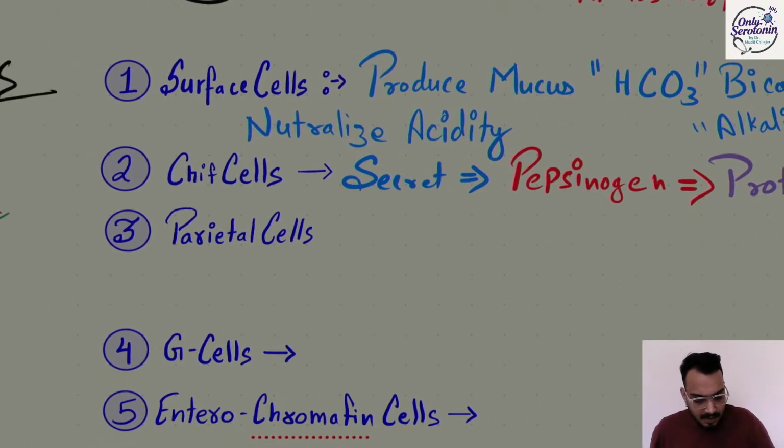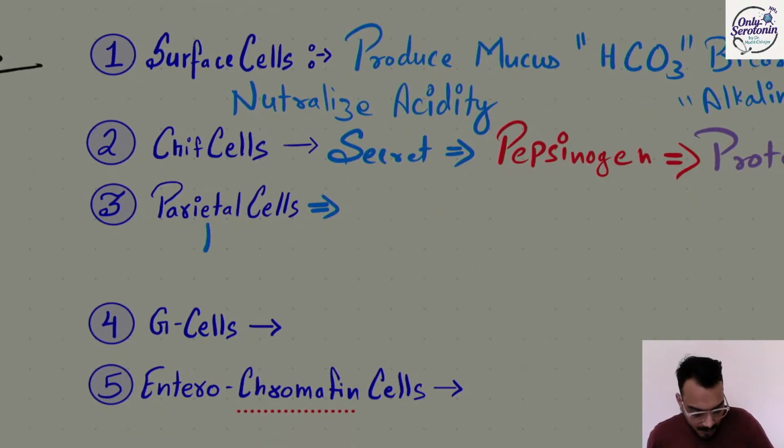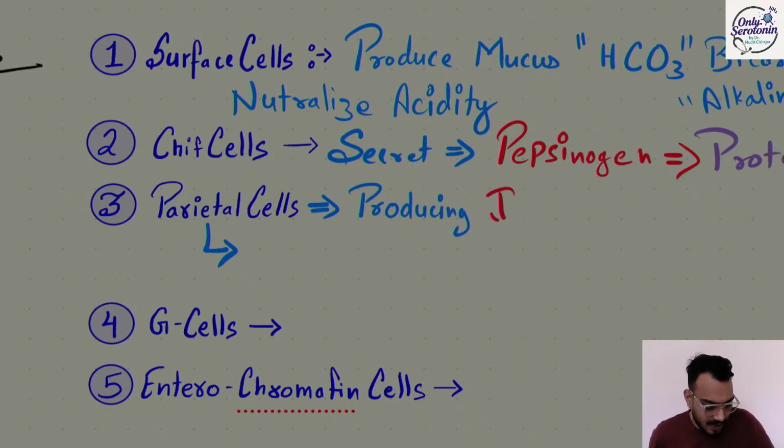Done, guys. Now, the third cell which we are going to discuss is parietal cells. Parietal cells are a very important cell, guys, because they are doing two very important functions in our body. Out of them, the first function is what, guys? It is producing intrinsic factor. We call it IF.